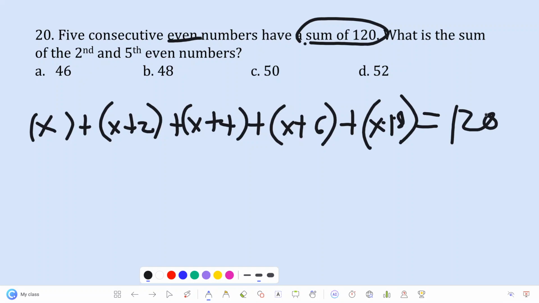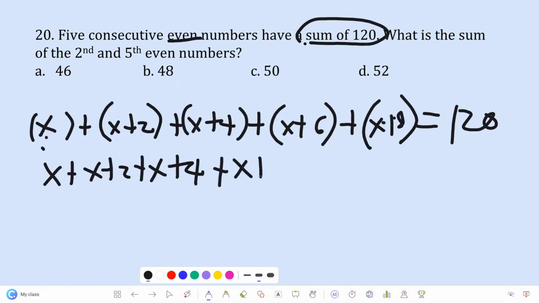Ngayon, in order for you to continue solving, you have to add the like terms.